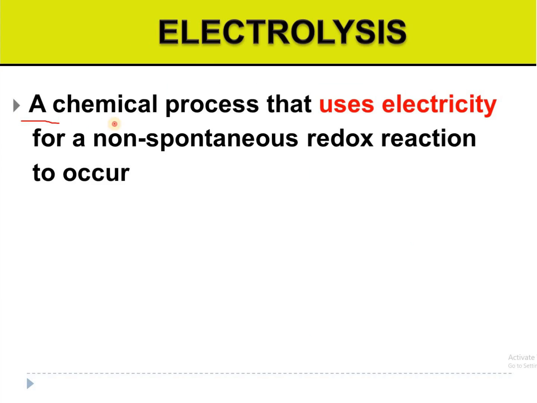What is electrolysis? Electrolysis is a chemical process that uses electricity for a non-spontaneous redox reaction to occur. It can be concluded that in electrolysis, electrical energy generates chemical energy. Different from a galvanic cell or voltaic cell, in a galvanic cell, chemical energy generates electrical energy.